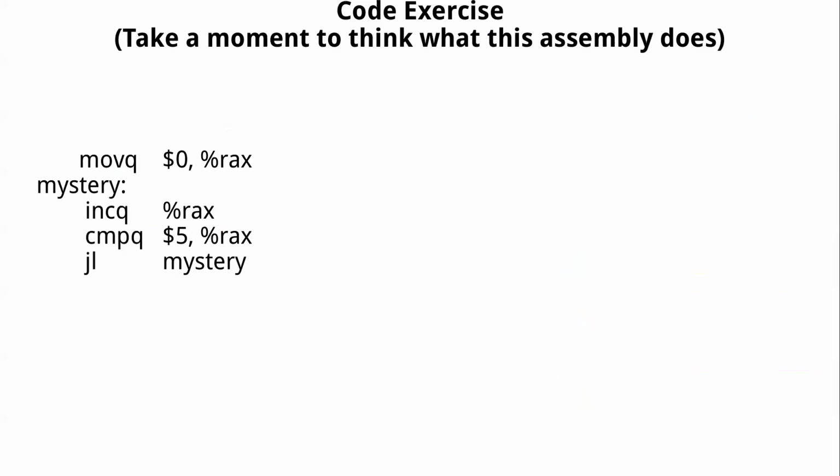Okay, one more example. This is another mystery function. What does it do? Only 4 instructions. The first one is just to move 0 to register RAX. And we have a mystery colon here. This is a label, okay?